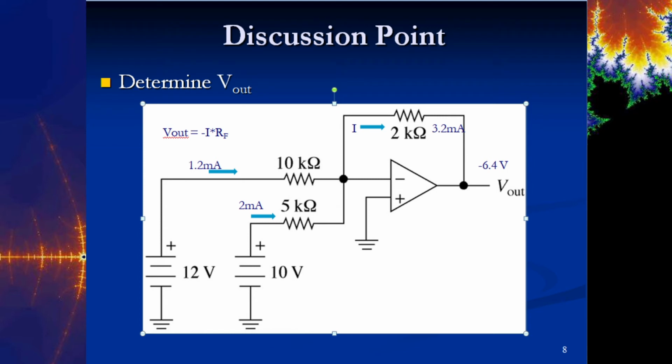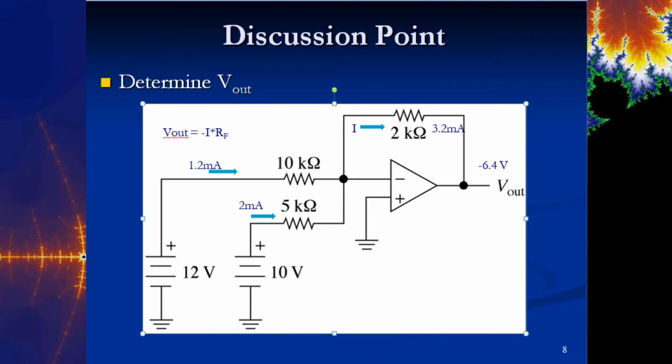So you can see here, 1.2 milliamps from this source and this resistor, 2 milliamps from this source and this resistor. So the equation to find this V out, and sometimes you just have a single source and a single resistor. Here we had two that combine together, and we know through KCL that those add together, and because it can't go in through here, all of it goes through the feedback resistor.